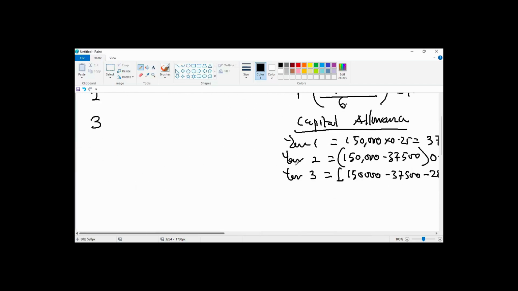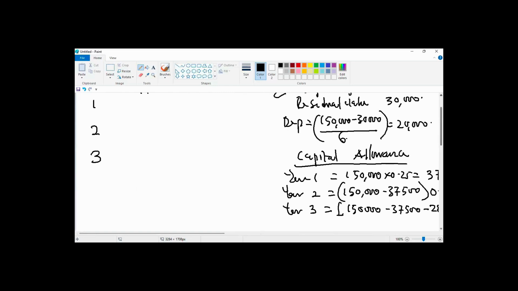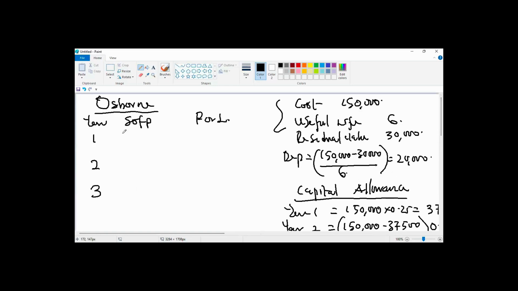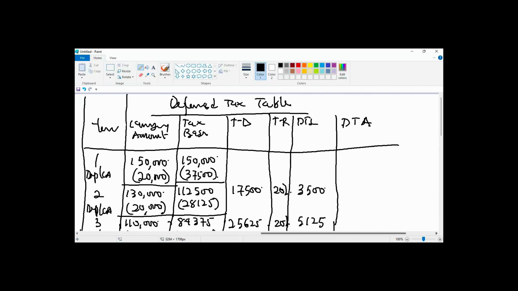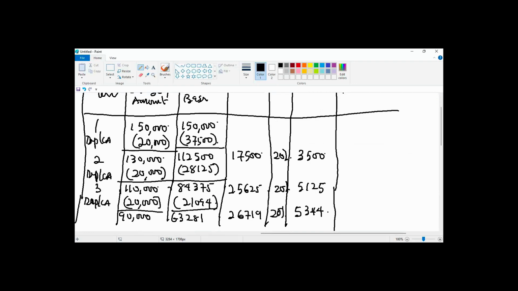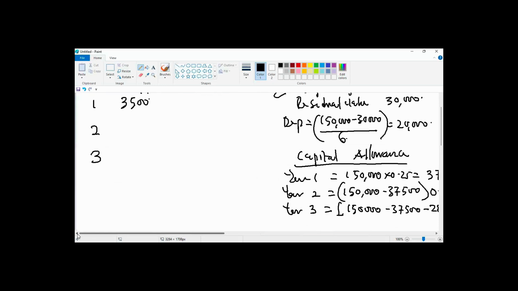The requirements. The first one is 35. The second one is 5,125. 5,344.